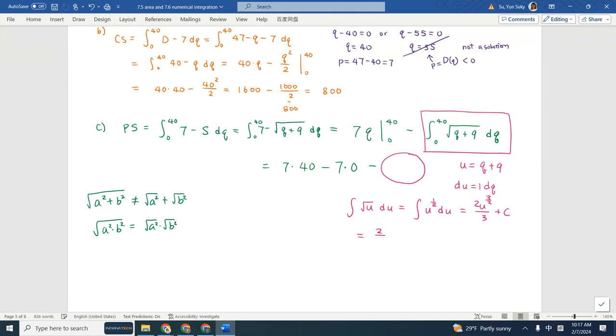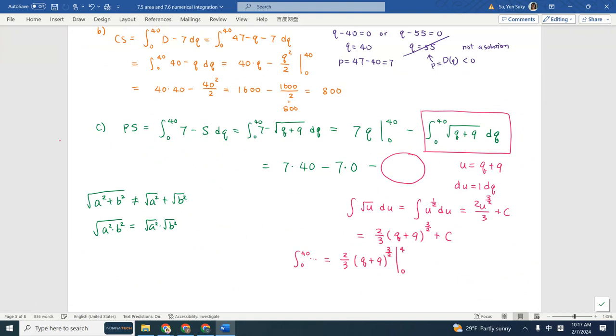And now, so 2/3, what is u? Q plus 9. Is that okay, everybody? This is the indefinite integral. Now our definite integral, evaluate from 0 to 40, is 2/3 times Q plus 9 to the 3/2.